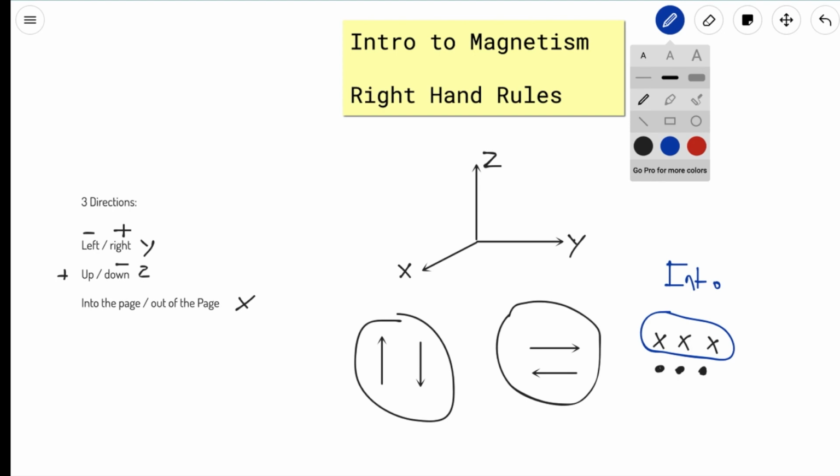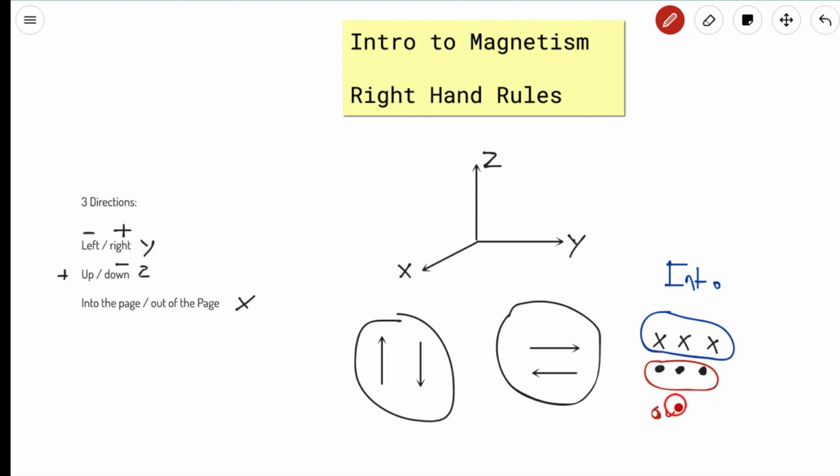So if you see a bunch of x's, don't confuse it with a plus or with positive. It's going to be very little x's like that, and that's into the page, and your circles are going to be out of the page.